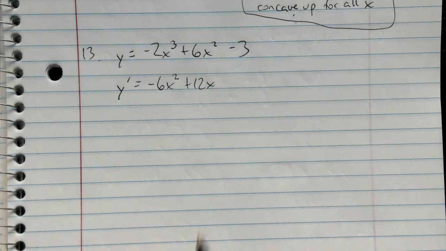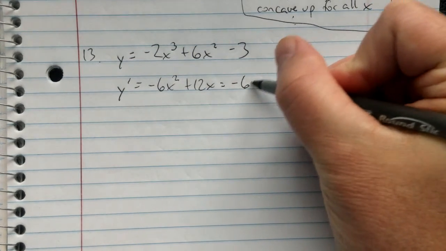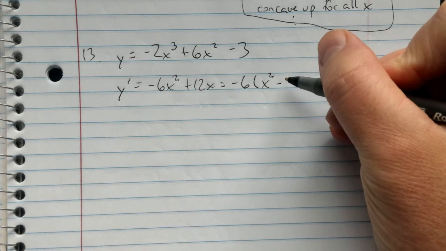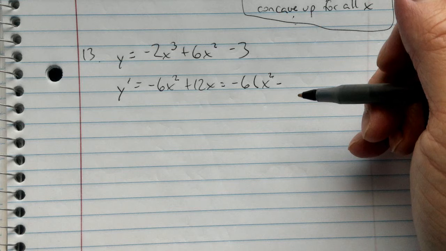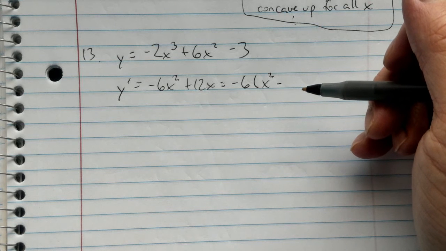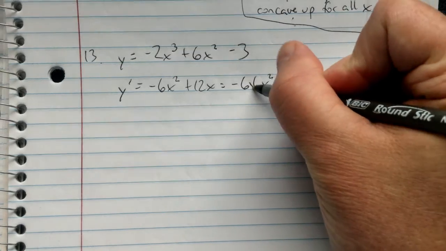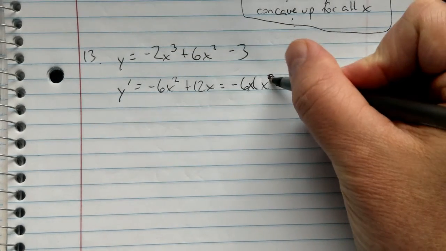On that one, you might want to factor out a negative 6x, not just negative 6.